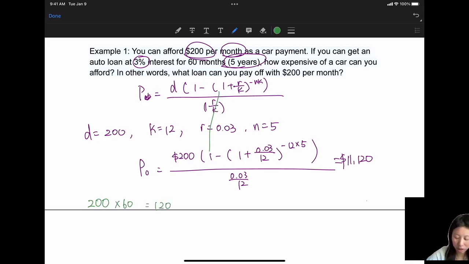So in total, the money you pay the car lender is 12,000. What does that mean? Remember that when you pay the car payment, you also need to pay interest. Otherwise, no bank is willing to lend you money if they just lend you the principal and don't get any interest. So over the 5 years, the interest you're paying is 12,000 minus 11,120. So you paid 880.